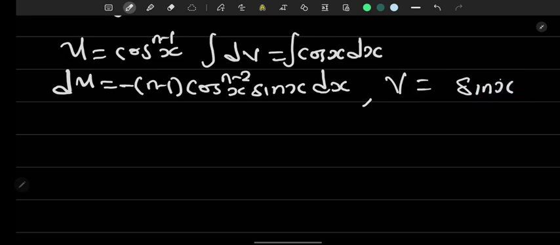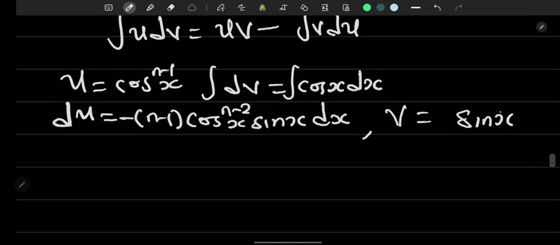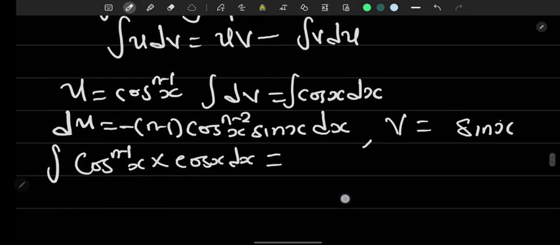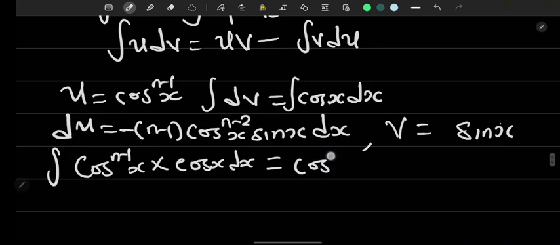So the next thing to do is to apply the results in the given formula, where you have u dv. Where u is cos^(n-1) x and dv is cos x dx, this equals u, which is cos^(n-1) x, times v, which is sine x, minus the integral of v du.